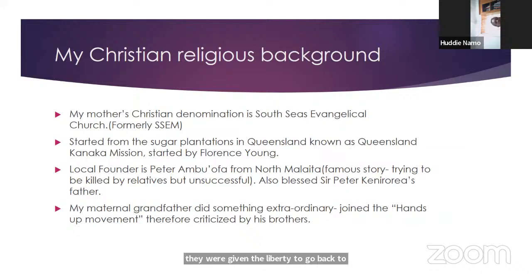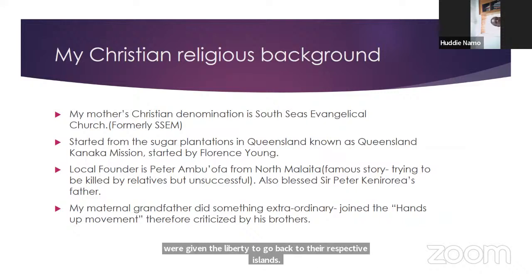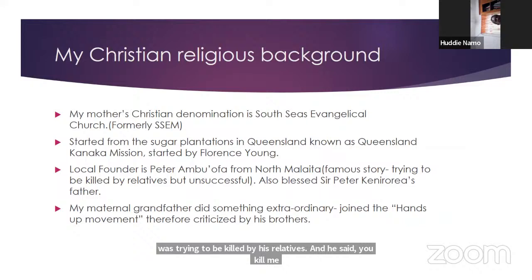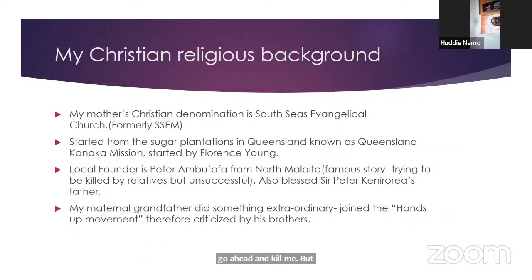So Peter came back to the Solomons, and then he brought the church to the northern region of Malaita. And initially, his relatives tried to kill him, and he said, "Go ahead and kill me." But somehow, when they tried to chop him or stab him with their traditional knives and axes, it was unsuccessful, because of help from God.